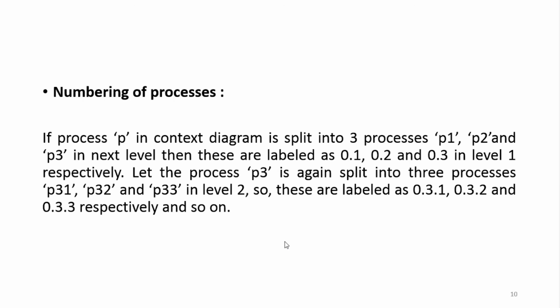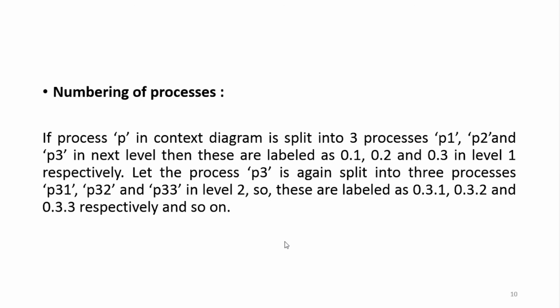So in this numbering scheme, by looking at the number of a process, we can unambiguously determine its label, its ancestors or its successors.